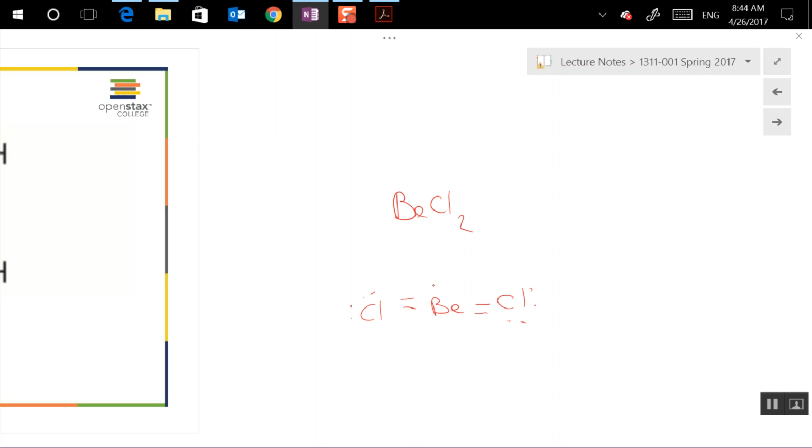We made a big mistake from the very beginning, which is a common mistake. What do we know about beryllium? It only has 2 valence electrons. So can I put 8 electrons around beryllium in the very beginning? I can't. So let's start over. Okay? Boron and beryllium, common mistakes that are made with those two.